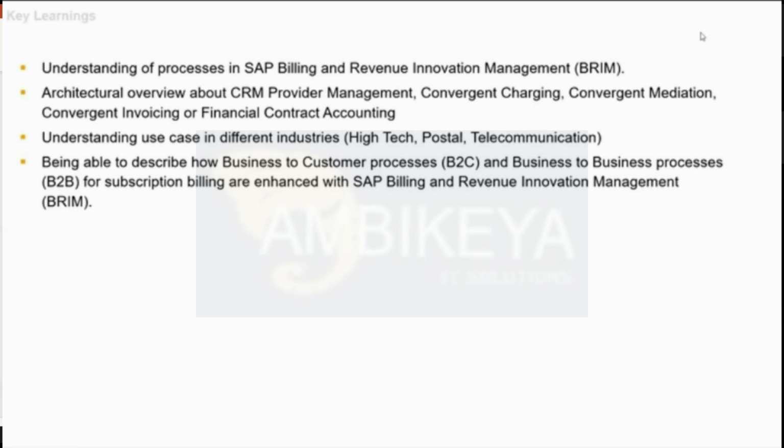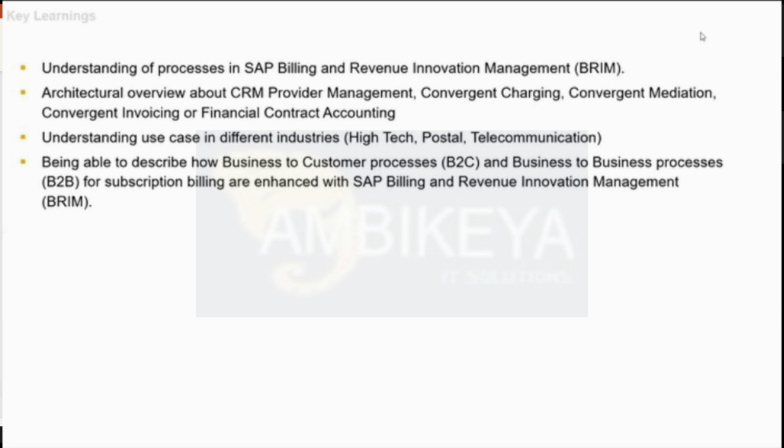Subscription billing is, for example, very useful for simpler processes where you don't have so many customer fields or not such complex processes regarding accumulated pricing and so on. So in the training I try to use examples that are complex enough that it's absolutely necessary to use BRIM.